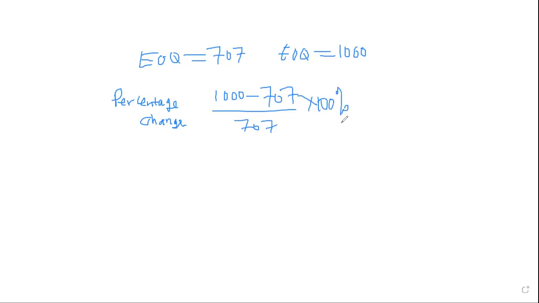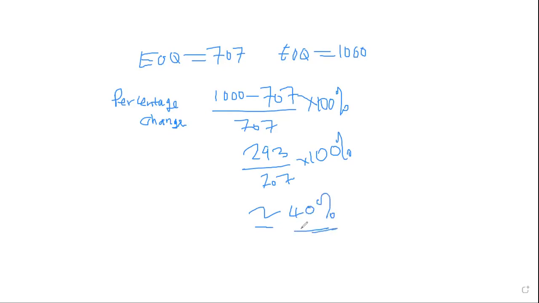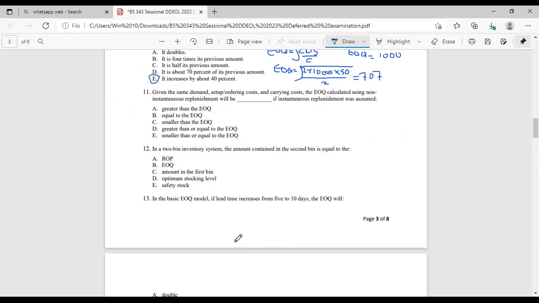So 1,000 minus 707 is 293, over 707, times 100. So we are getting approximately 40%. So the change will be approximately 40%. All right, so this is why we have gone for that. Then the other one, getting down to question 11.